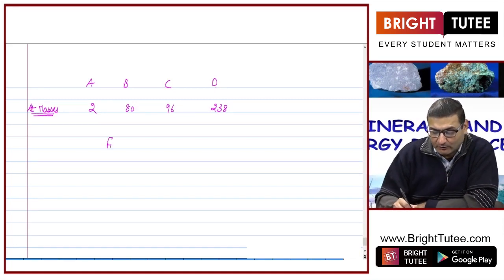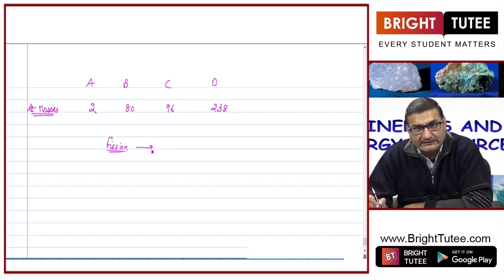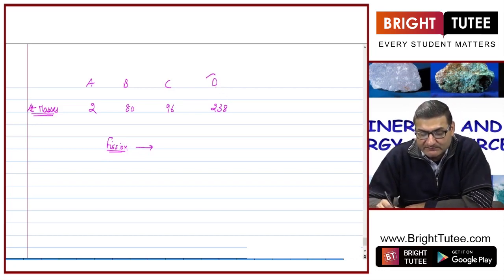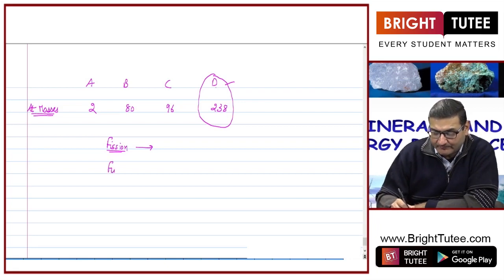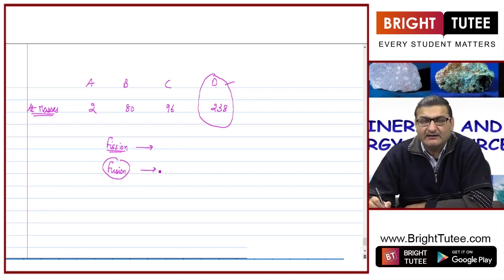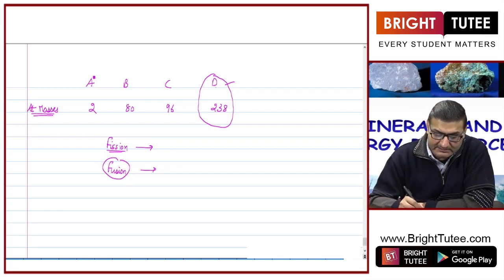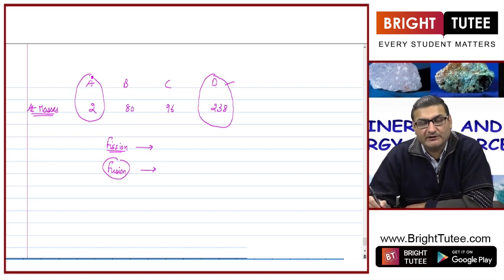When we talked about nuclear fission reaction, we said that we will require a heavy nucleus for it. So the element having the maximum atomic mass will be best suitable for nuclear fission, for splitting up, and that is D. And for fusion reaction, we will require an element having very low atomic mass. So among these, A will be best suitable for nuclear fusion reaction. These are 1 marker questions, they are directly asked so many times.